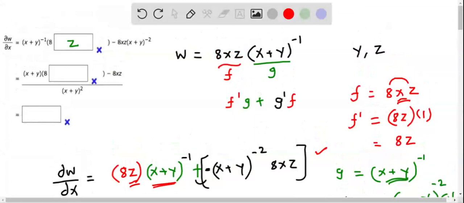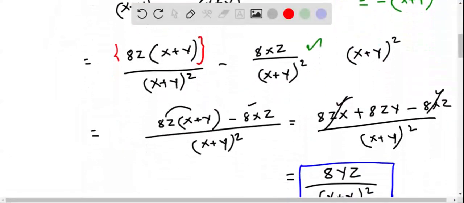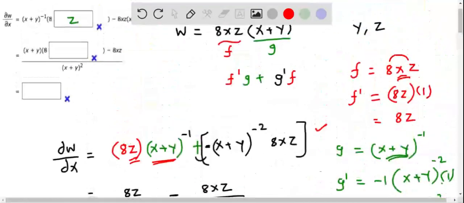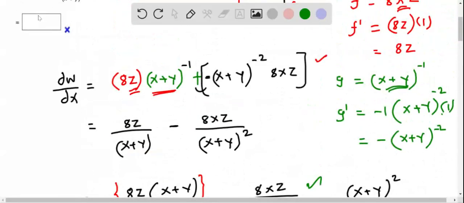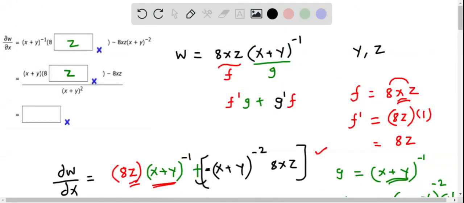So we can put 8z times (x plus y). So here also we get z. And finally, in the final box, we write down the simplified expression, that is 8yz over (x plus y) quantity squared.